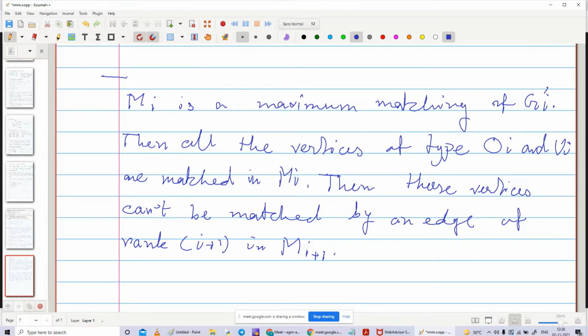When we found a maximum matching in G prime i, then we found those Oi and Ui. It's a different maximum matching, but we have seen that it doesn't depend on the maximum matching.